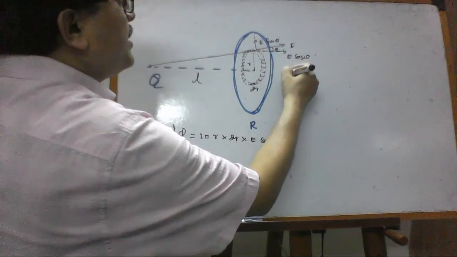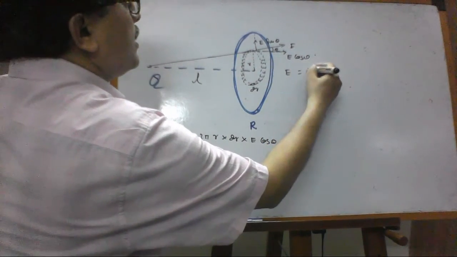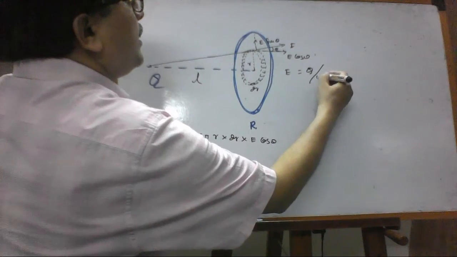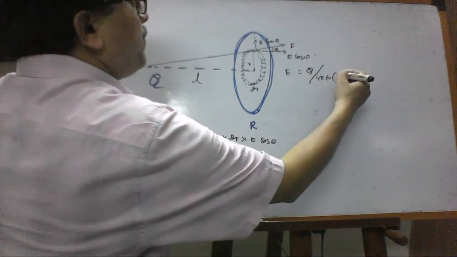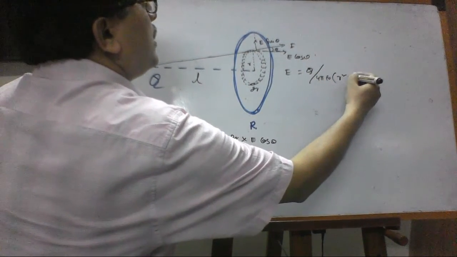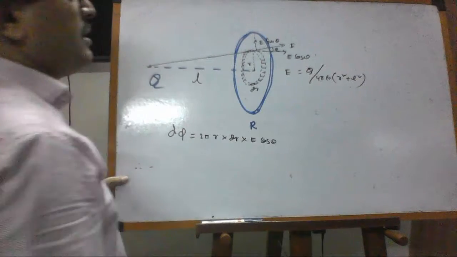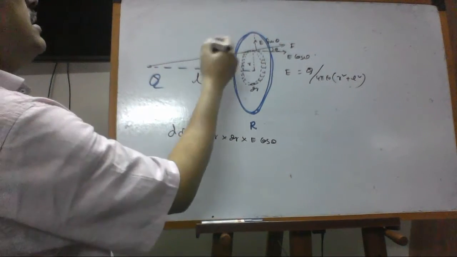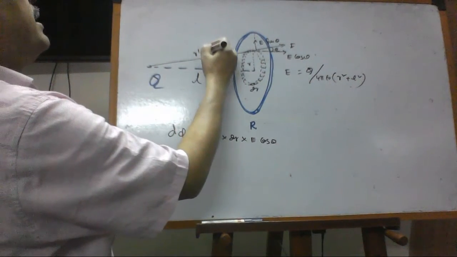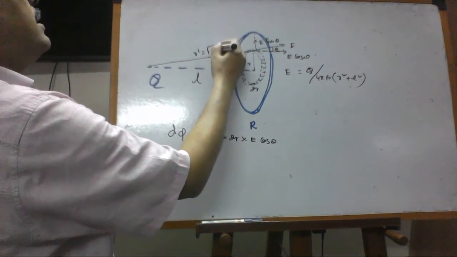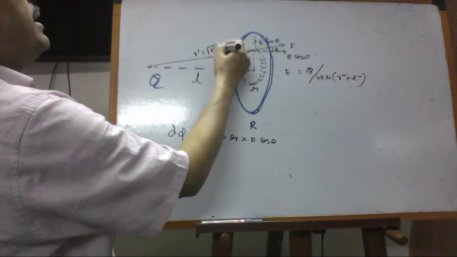What is the value of E here? E is going to be Q by 4 pi E0 into r square plus L square, because this distance r dash is equal to root over L square plus r square.